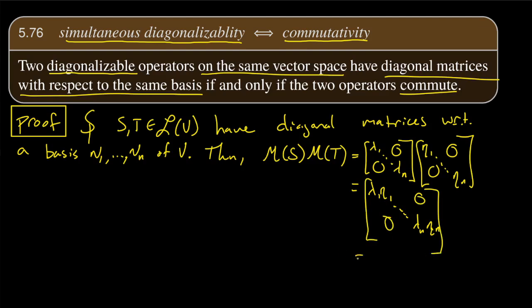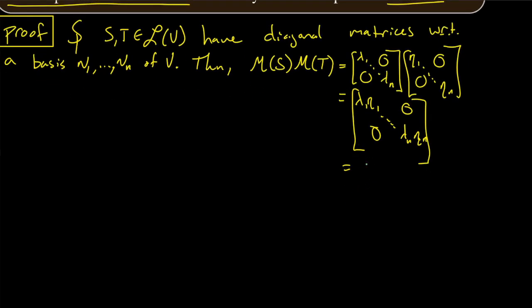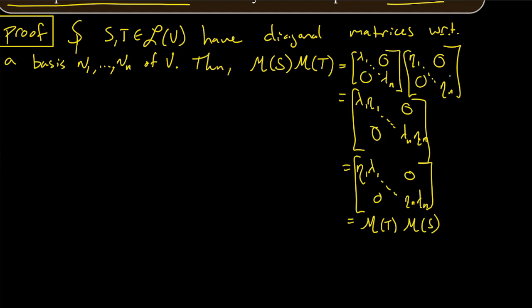But that's just eta 1 lambda 1 through eta n lambda n, zeros everywhere else, since multiplication in the field commutes. And this is just M(T) M(S), where I'm skipping writing the step where I undo that multiplication. Or even if you want me to write it here, I'll do it real fast.